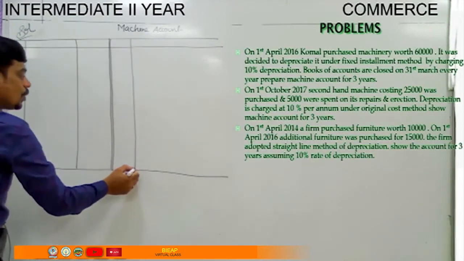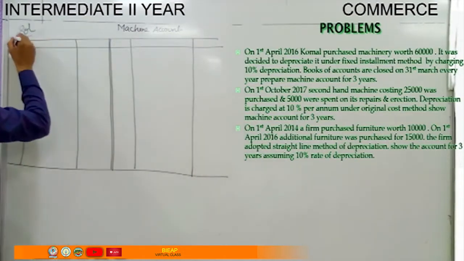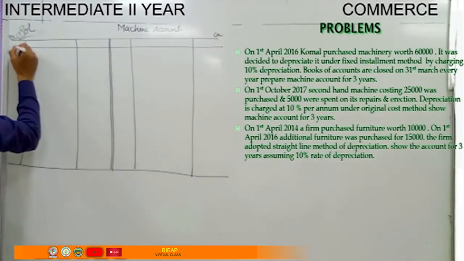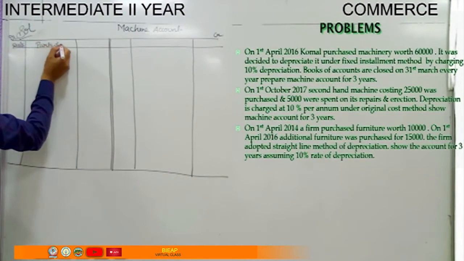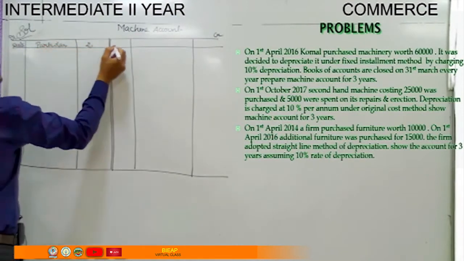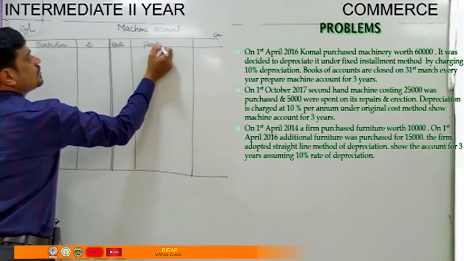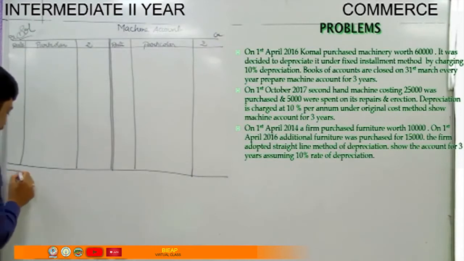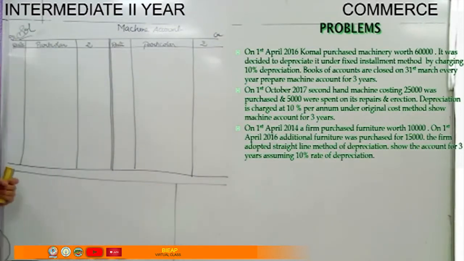Again, date, particulars, amount, for debit and credit. Again, date, particulars and amount. And the rest of the half page will be utilized for working, which plays a very dominant role.